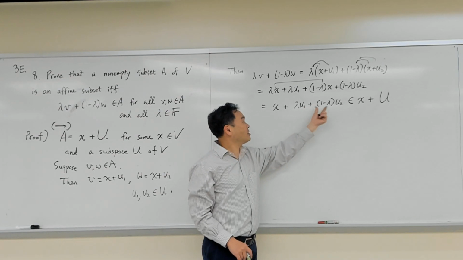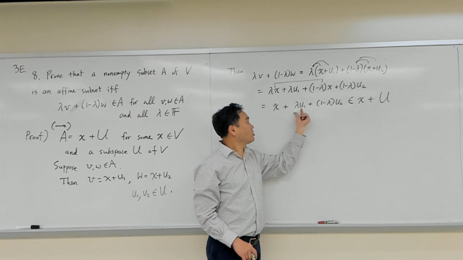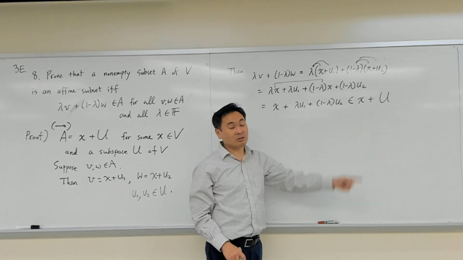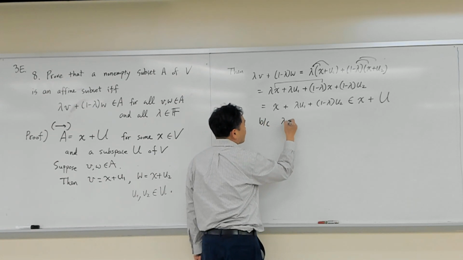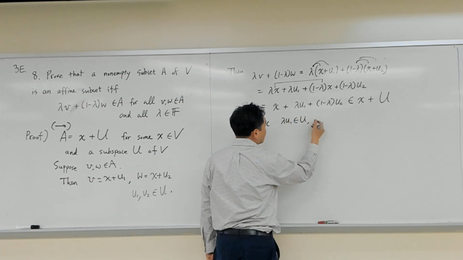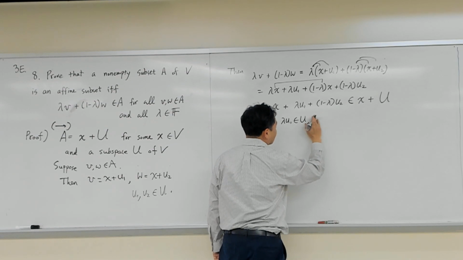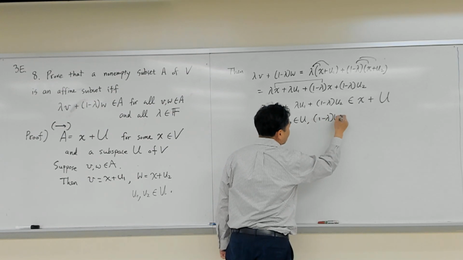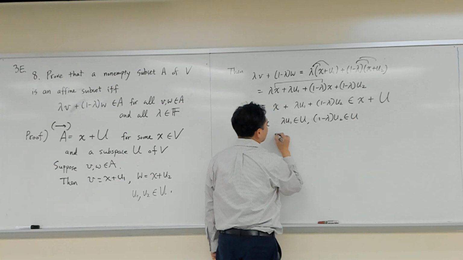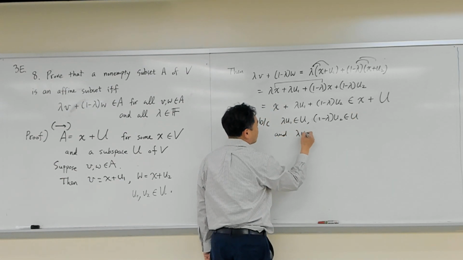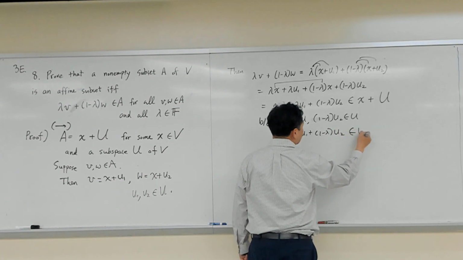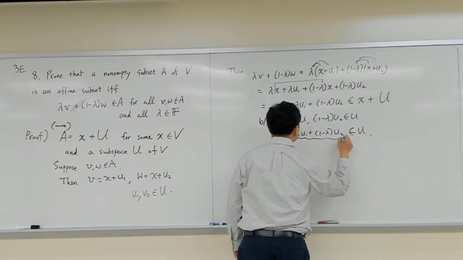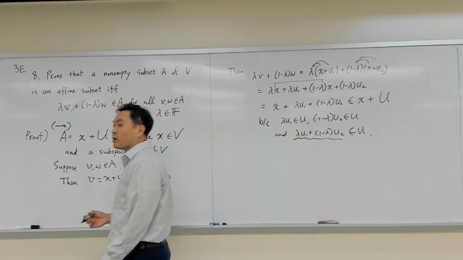And because these are individually in U, and U is closed under addition, this plus this is in U. So, because lambda U1 is in U, 1 minus lambda U2 is in U, and lambda U1 plus 1 minus lambda U2 is in U. Okay, so that part is done.